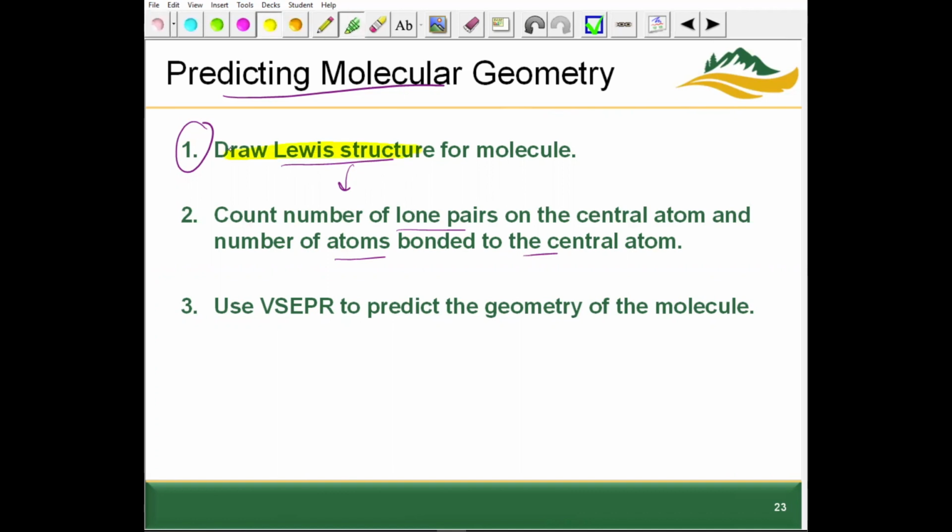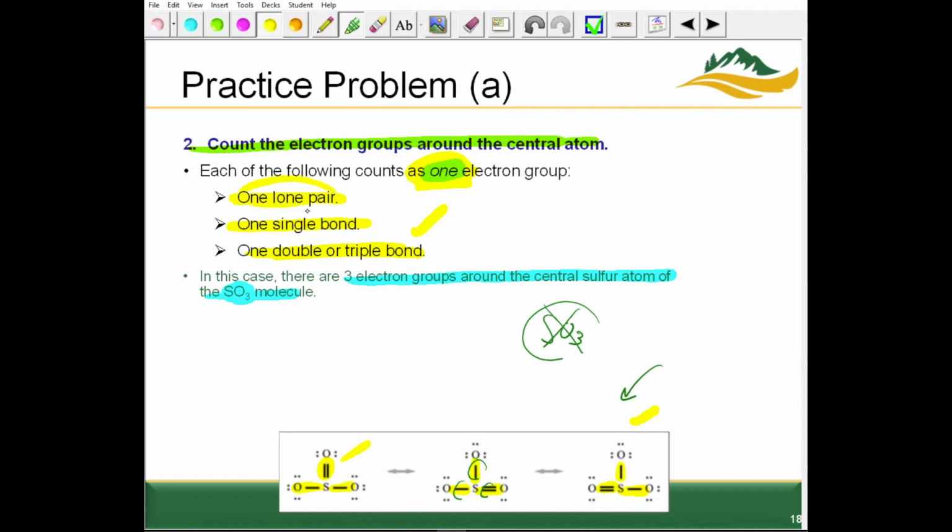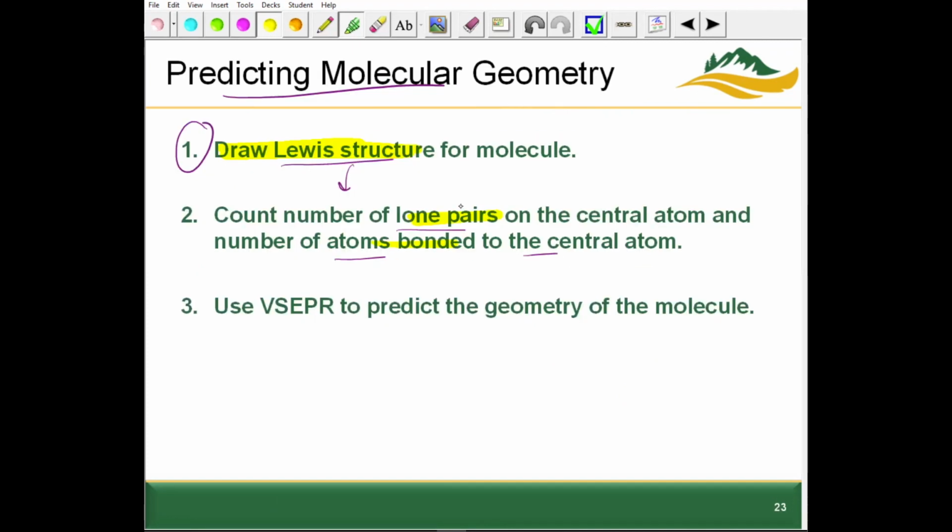So we're drawing the Lewis dot structure, then we count the number of either lone pairs or bonds. We're counting both that are coming from that central atom. Where 1 lone pair counts as 1 group, 1 single bond counts as 1 group, and 1 double or triple bond, those both also count as just 1 group. After we know the number of total groups, then we use VSEPR to predict the geometry of that molecule.